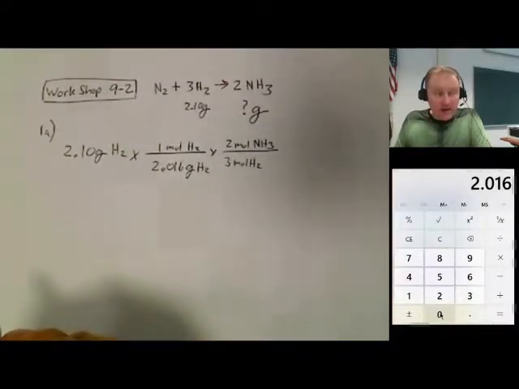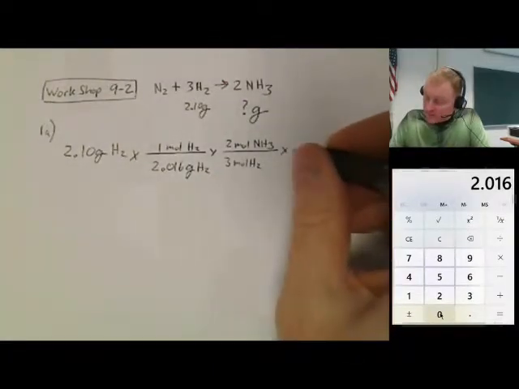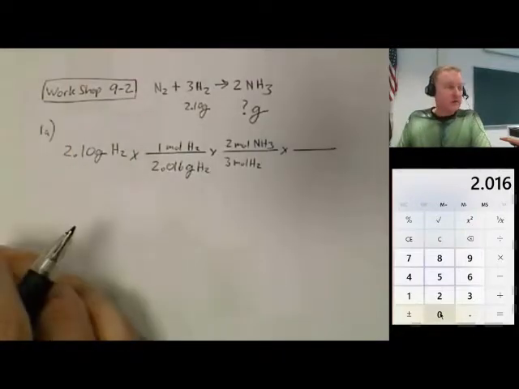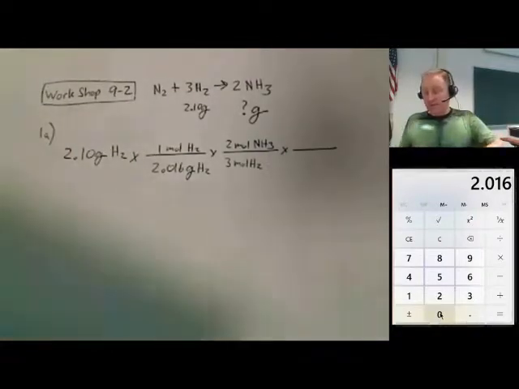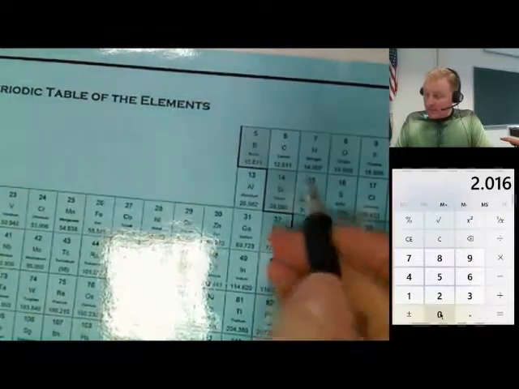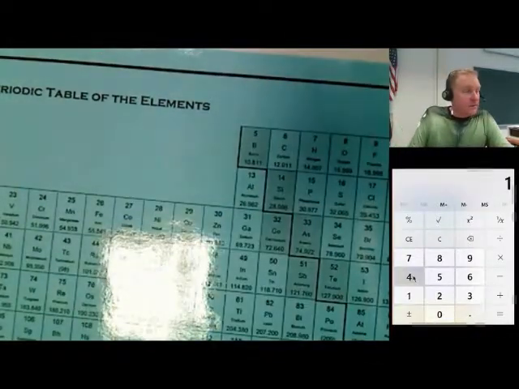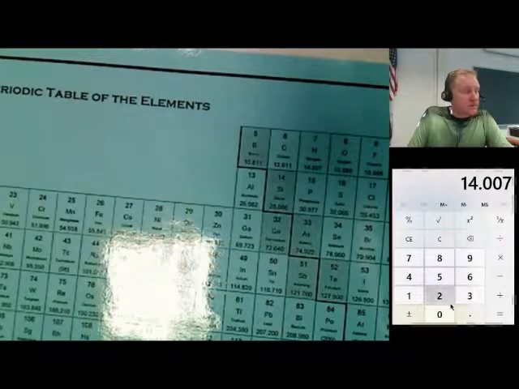And now we're going to convert moles of ammonia into grams of ammonia, and we're going to do the same thing that we did with the hydrogen, except this time for ammonia we're going to add up a nitrogen, which is 14.007, plus 3 hydrogens.